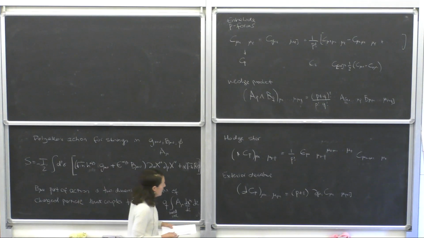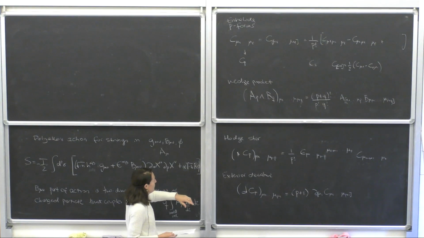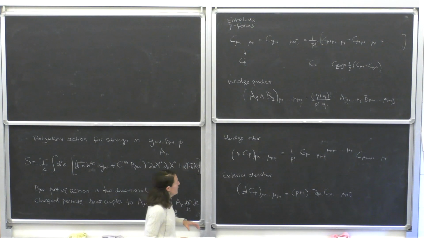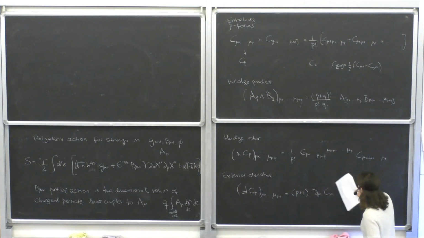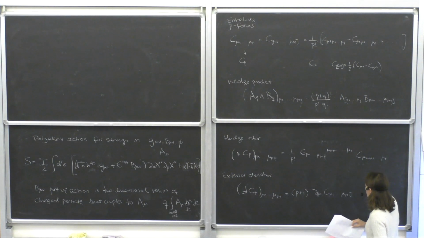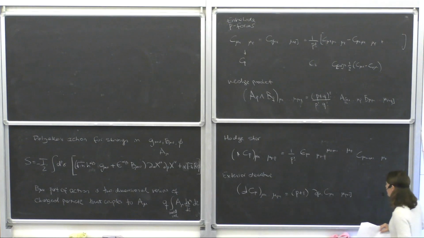I think so. This normalization, if you wish, it's a convention, but it's the nice convention, because if you take the Hodge star of this, this has its own normalization, which is 1 over p factorial.